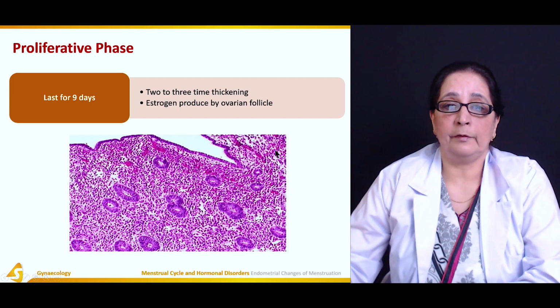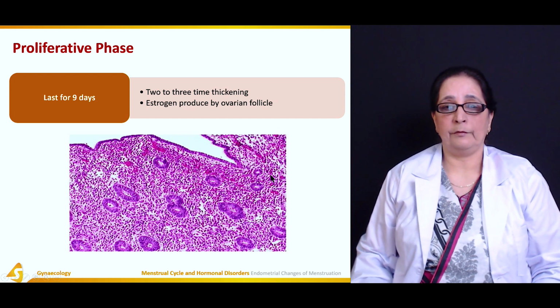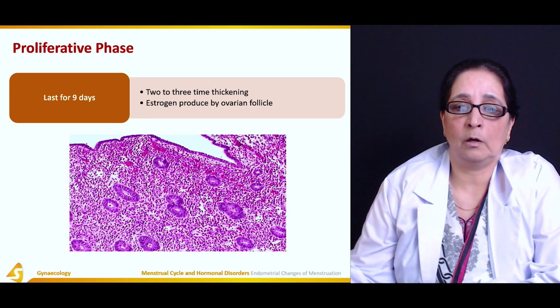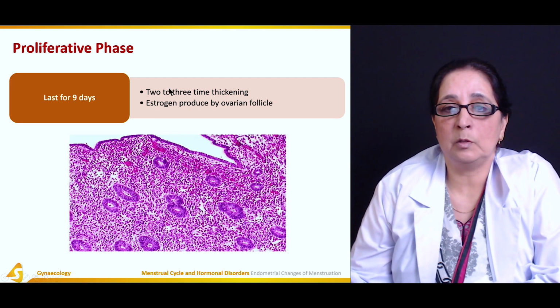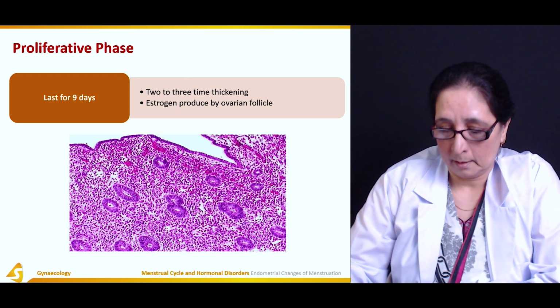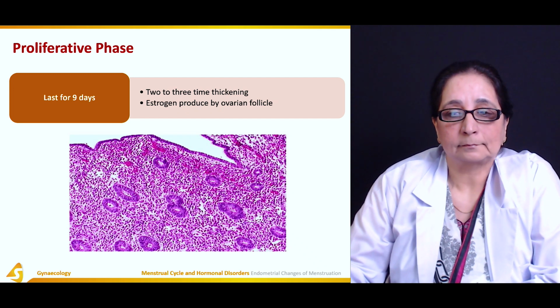So in the proliferative phase of the endometrium, mainly the proliferation of the tissues takes place under the influence of the hormone estrogen produced by the ovarian follicle, and this endometrium then becomes 2 to 3 times thicker.